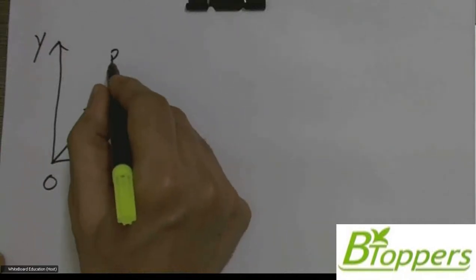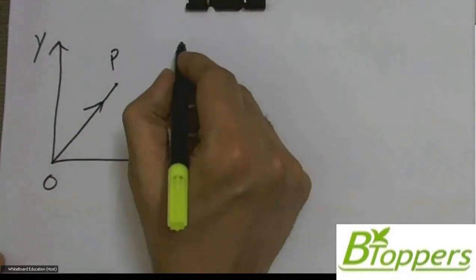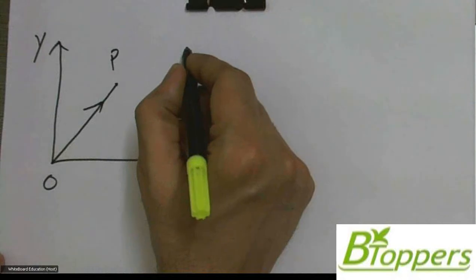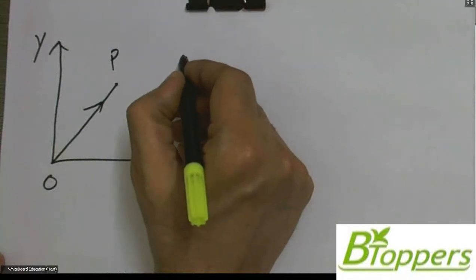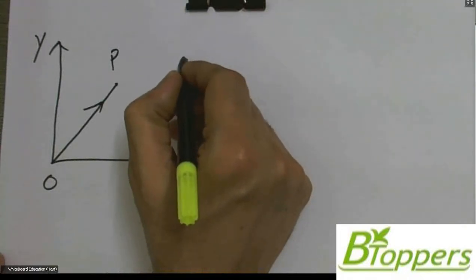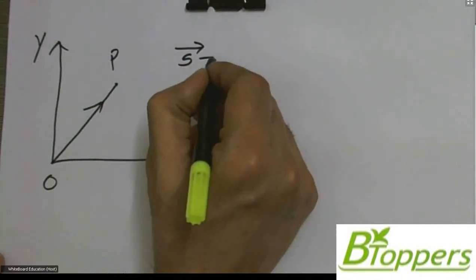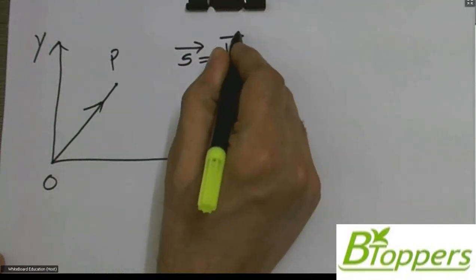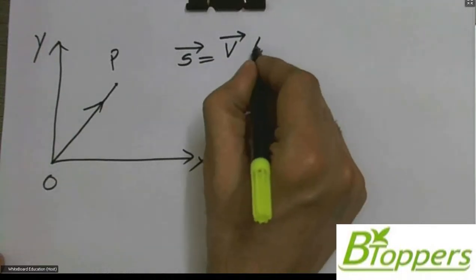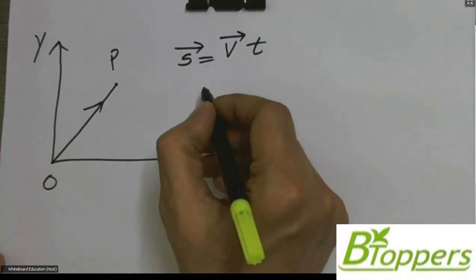Let P be the position of the particle at time t. The velocity is uniform and there is no acceleration for the particle. Displacement of the particle can be written as velocity of the particle times time interval.